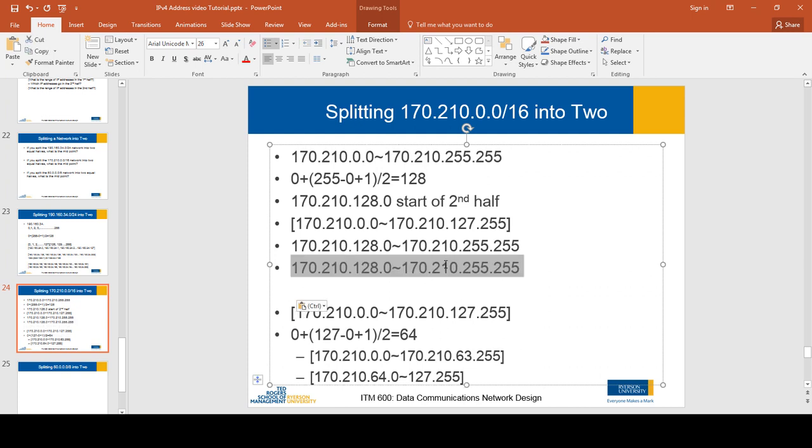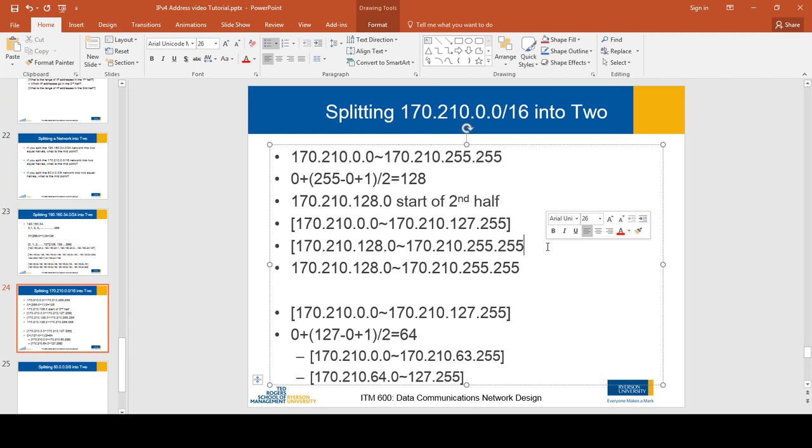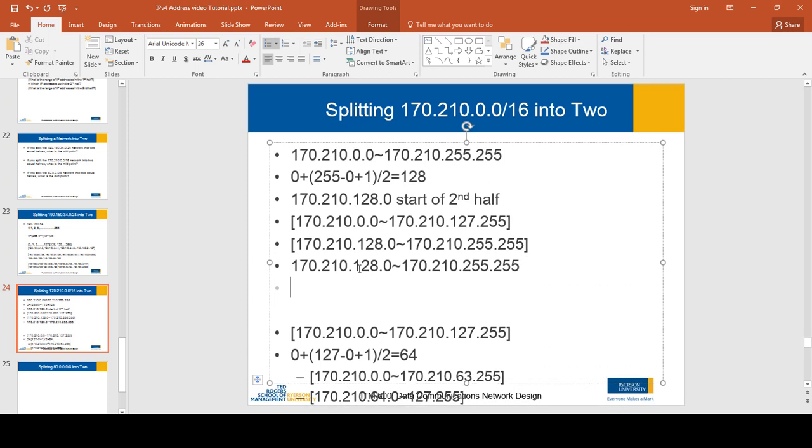Let's split this half. We have this. Now again, what is the midpoint between 128 and 255?